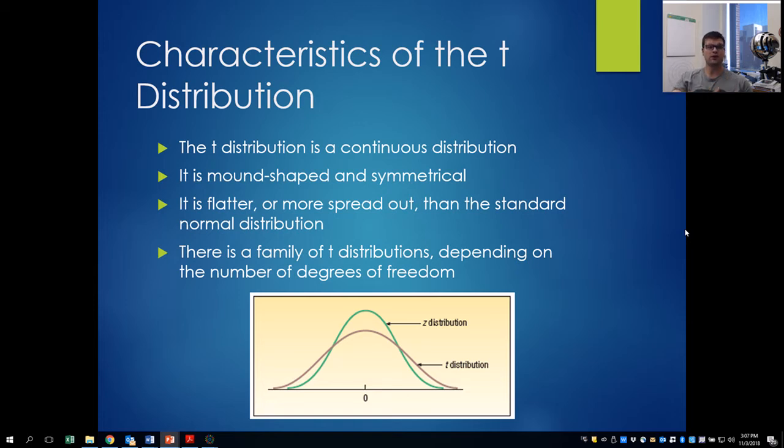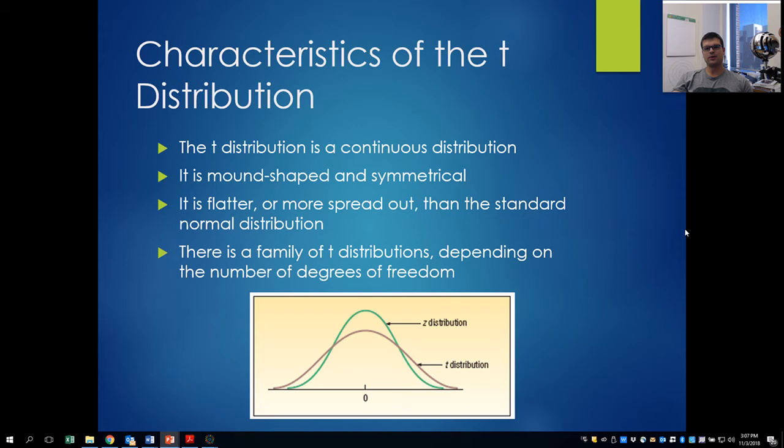It's being more conservative, if you will. With the z-distribution, you can be a little more precise because you know one of the population parameters. But since we know none of the population parameters and we're building everything just off of the sample statistics, we have to be a little more conservative in our interpretation.